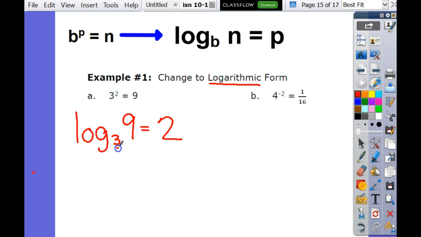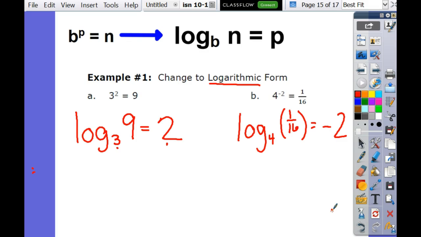This 3 right here is called a subscript. It is small and a little bit lower. The logarithm is most interested in the exponent. It is equal to the exponent. Log base 4 of 1 over 16 equals negative 2.